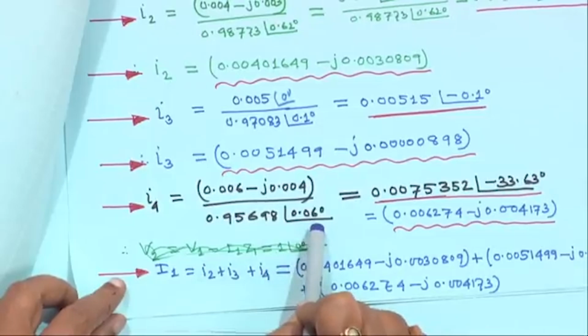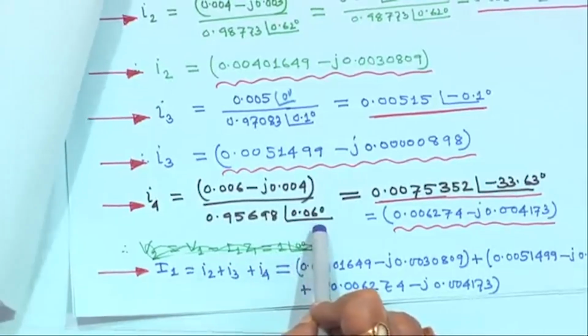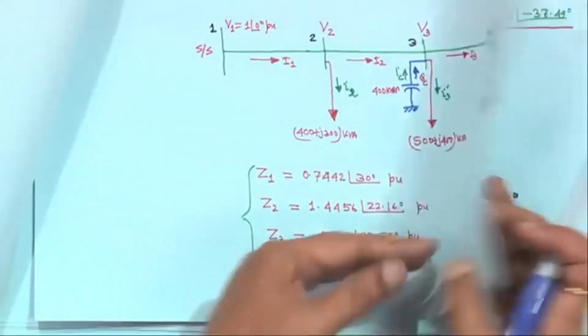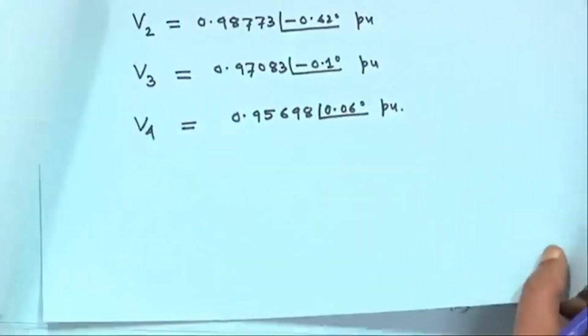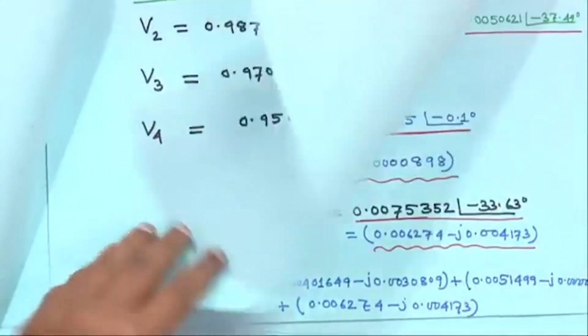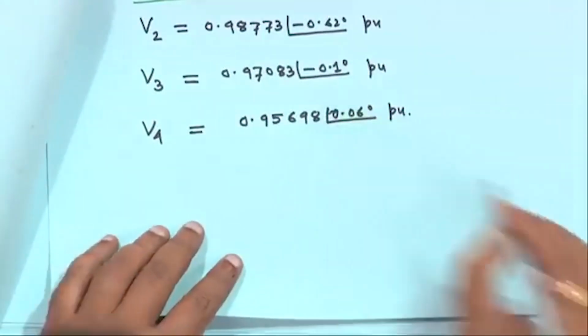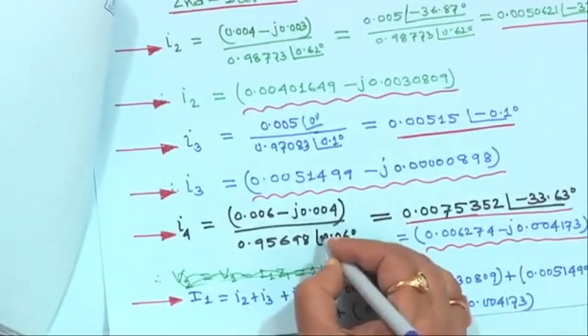So, in that case I4, previous page, just hold on, I4 is equal to V4 conjugate is minus, actually it is minus, it is conjugate means it is minus.